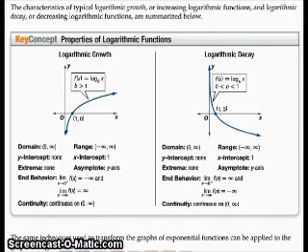And the end behavior is as x goes to infinity, y will go to negative infinity. And as x goes to negative infinity, y will go to positive infinity. And it is continuous from 0 to infinity. But as we'll talk about later on, this graph can go to the left or to the right or up or down as you add parentheses and minus or plus signs to it.